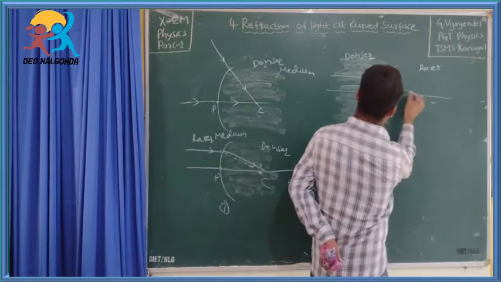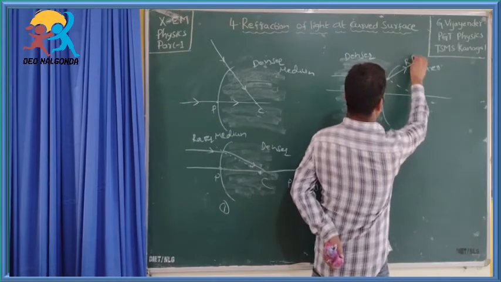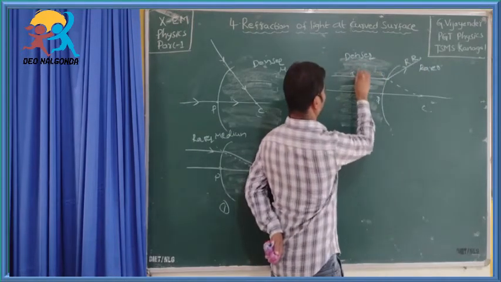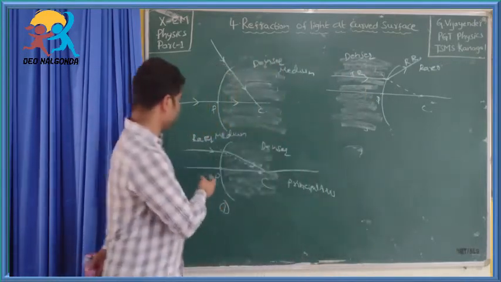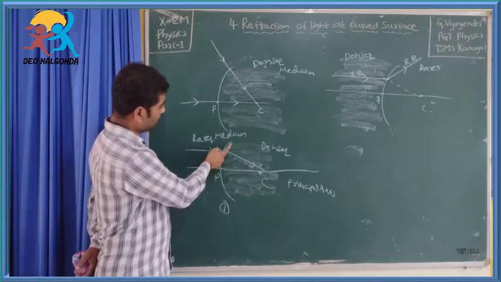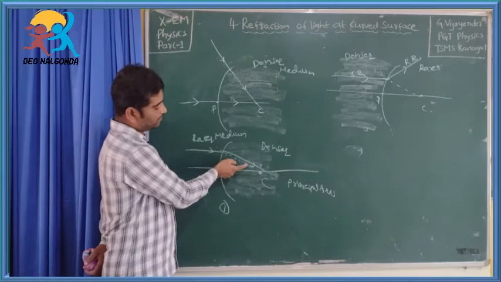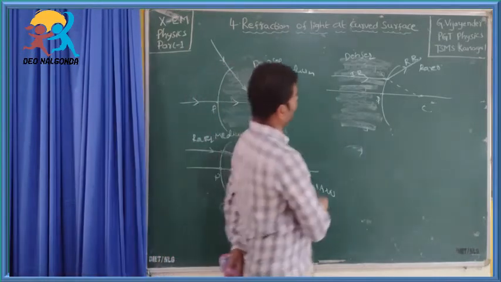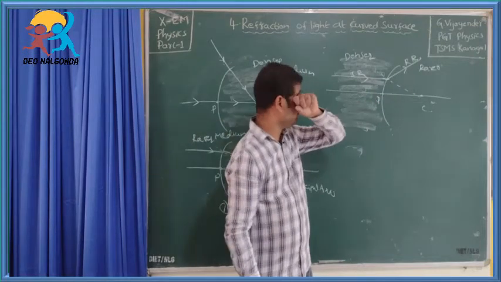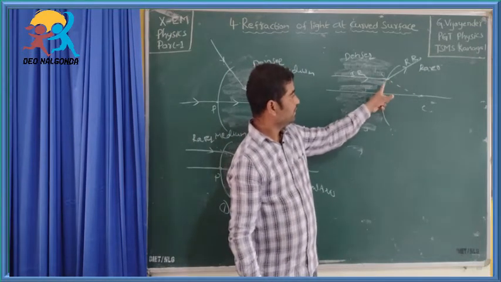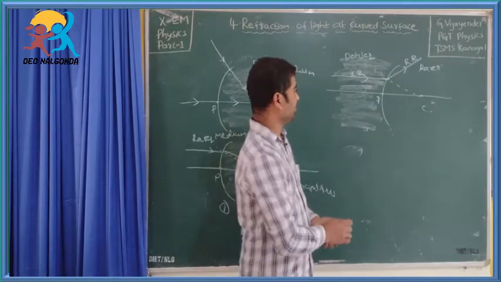After refraction, it is bending away from the normal. This is the refracted ray, this is the incident ray. In case 1, the light ray travels from rarer medium to denser medium, striking at a convex surface, and after refraction it bends toward the normal. Here the light ray travels from denser medium to rarer medium and strikes a convex surface. After refraction, it bends away from the normal.